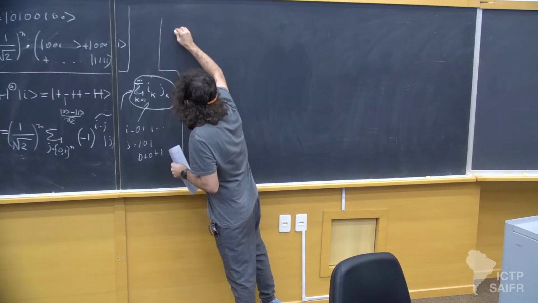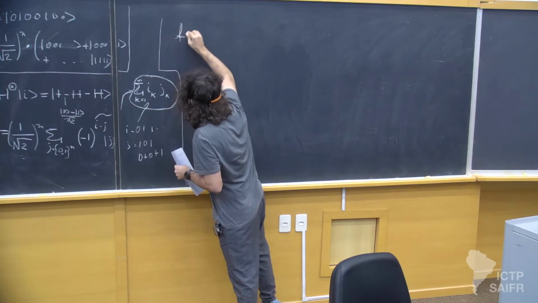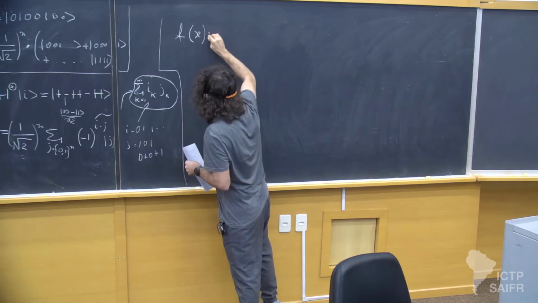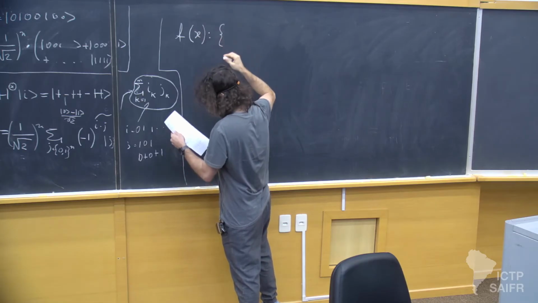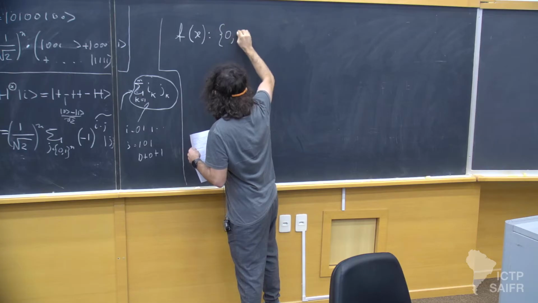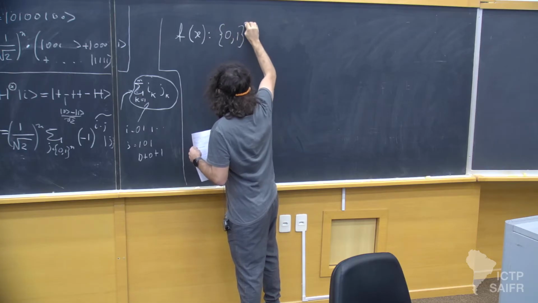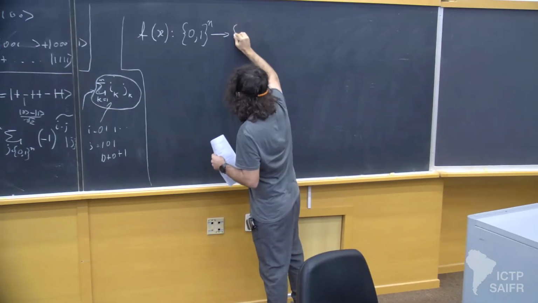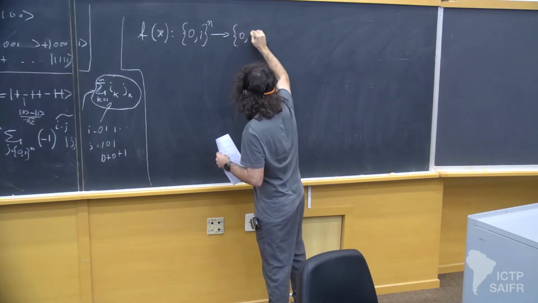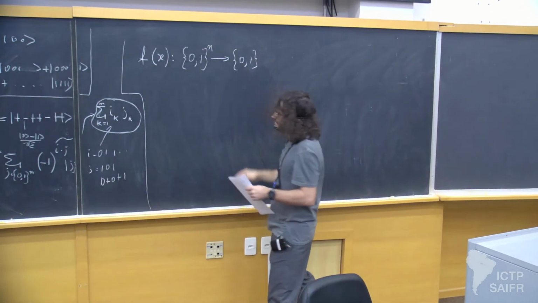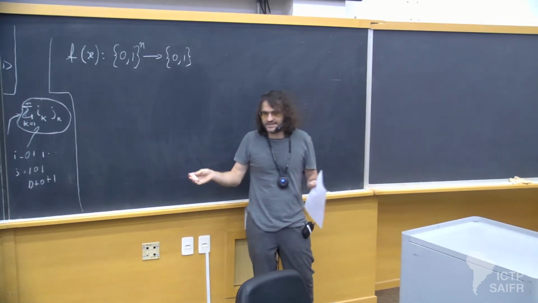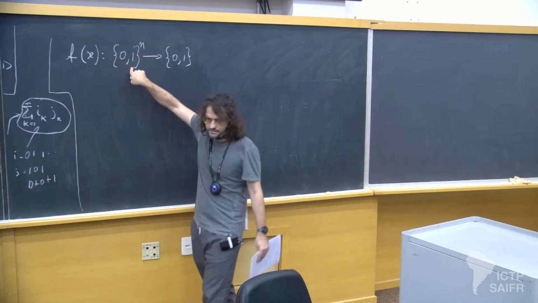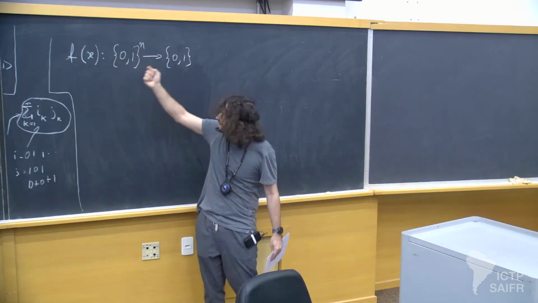So suppose that we have a classical Boolean function f of x that goes from 0, 1 to the power of n to 0, 1. I mean, we could be more general, but let's be simple. So this is a function that eats strings with n bits and spits out either 0 or 1.